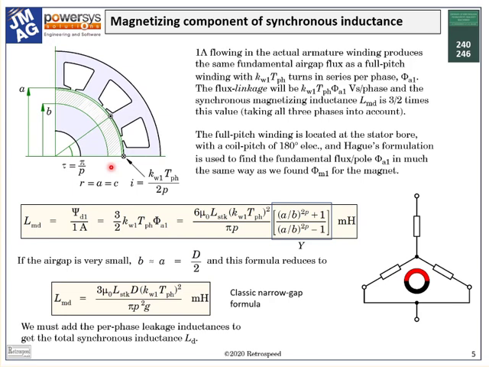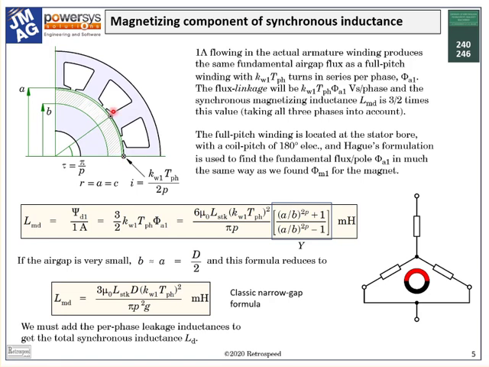To calculate this, we first calculate the inductance due to the fundamental space harmonic component of the flux produced by a coil whose coil sides are filaments placed one pole pitch apart, located at the stator bore.